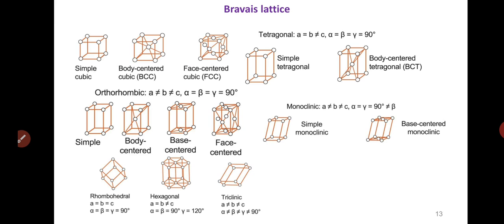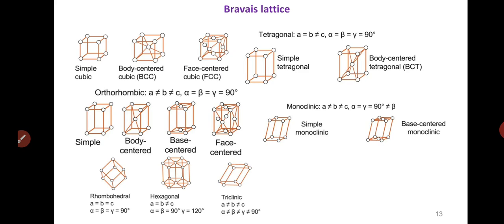Here basically 7 basic crystal structures are there, called primitive cells: simple cubic structure, then simple tetragonal, simple orthorhombic, simple monoclinic, then rhombohedral, hexagonal, and triclinic.